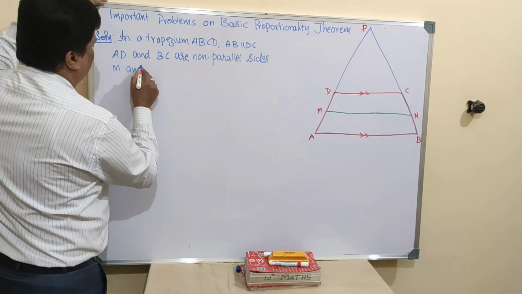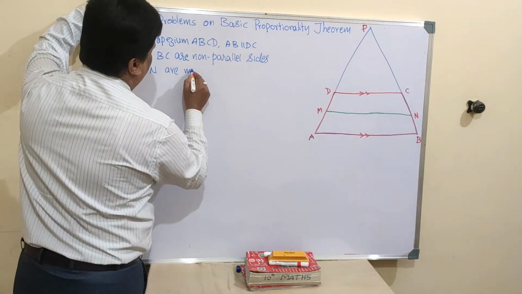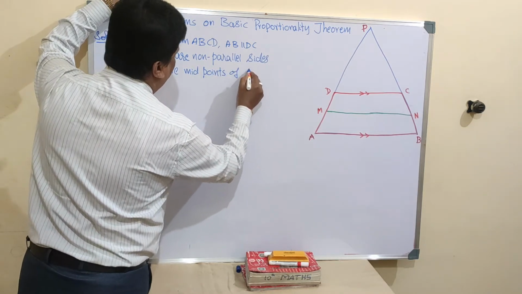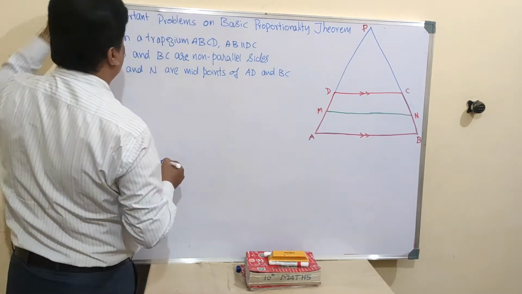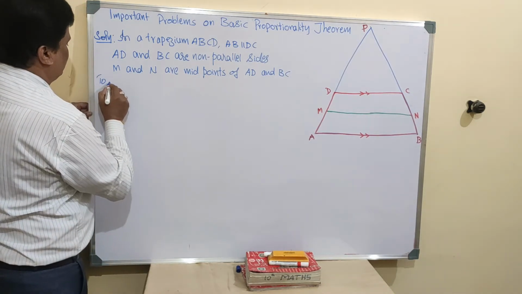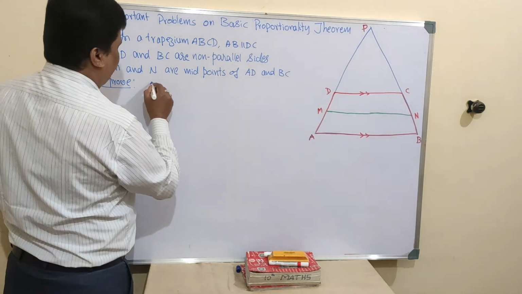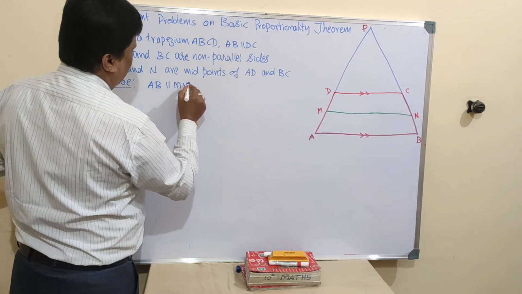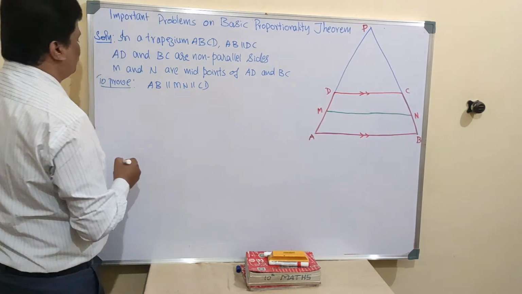M and N are midpoints of AD and BC. This part we want to prove that AB is parallel to MN, that is parallel to CD. That's what we want to prove.